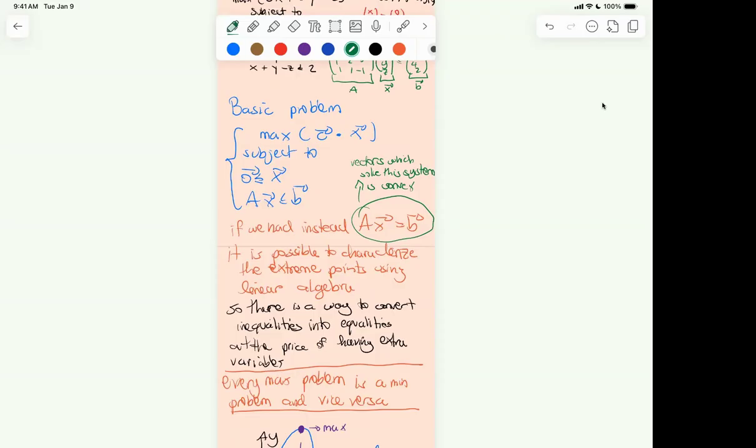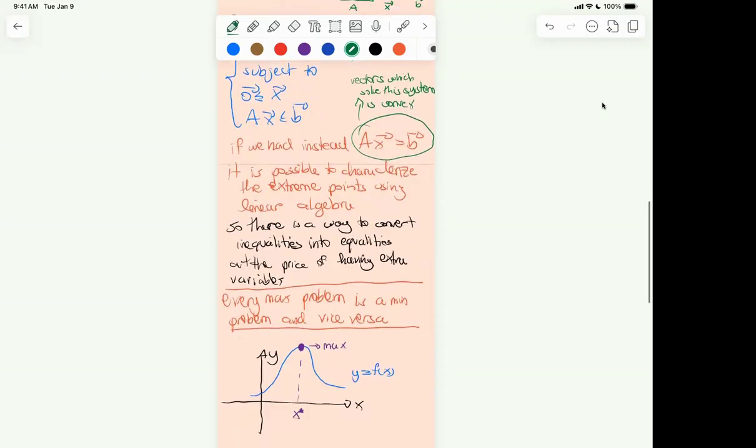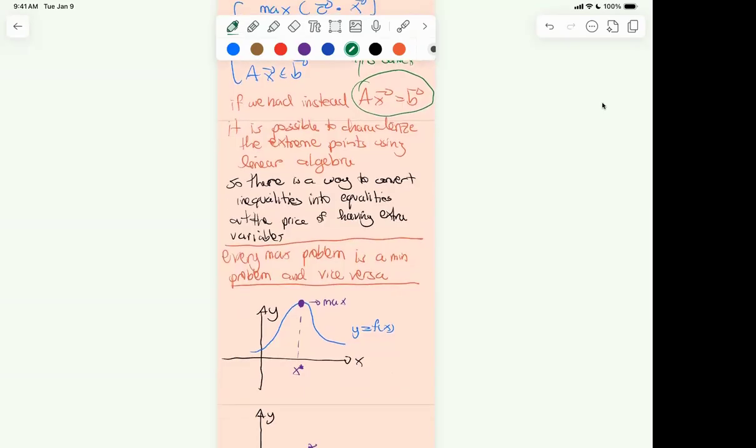There's no real philosophical difference between setting the problem as a max or as a min, if that makes sense. That is a good thing to understand first before talking about the inequality stuff.